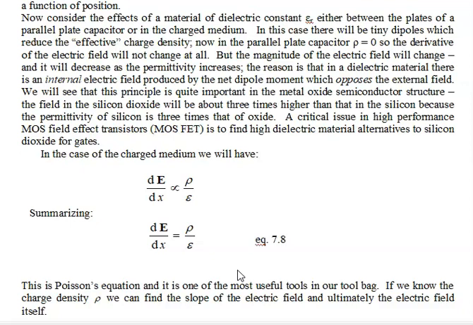So I have to tell you a little story here. I was teaching field theory, I forget where, I've taught at a number of universities. One of the standard problems that everybody hates in field theory is to find the potential of a charged dielectric sphere in a constant electric field.